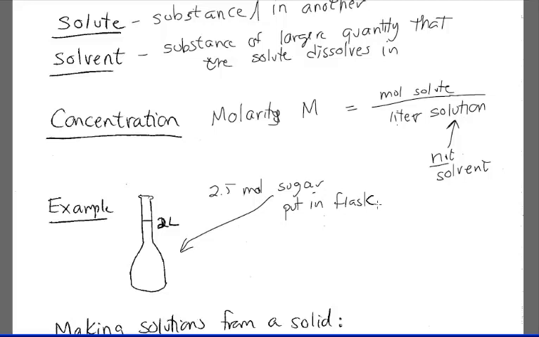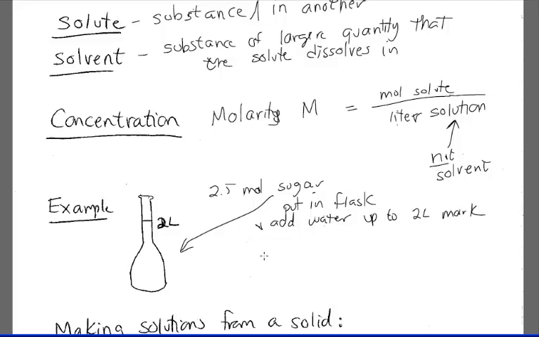And we want to make a solution, we will add water up to the mark. So we don't add 2 liters of water to make the solution, we add water up to 2 liters to make our solution. All right, so then we add water up to the line, up to the 2-liter mark.